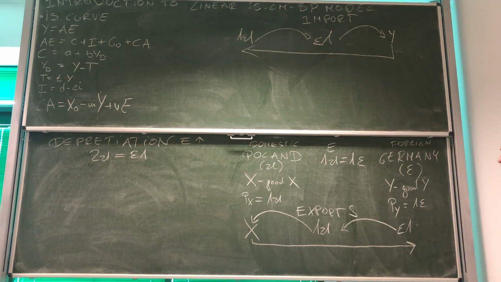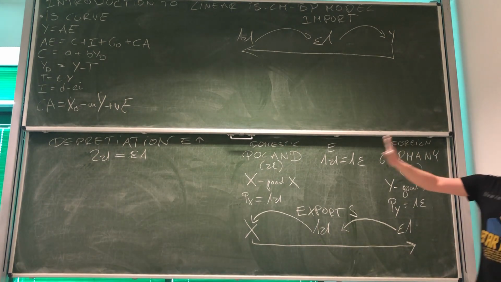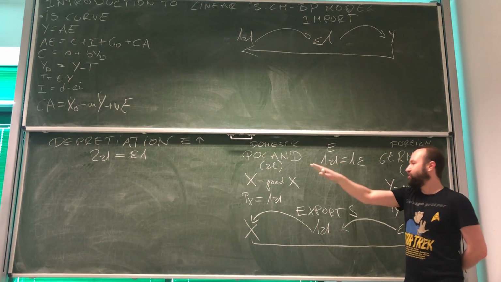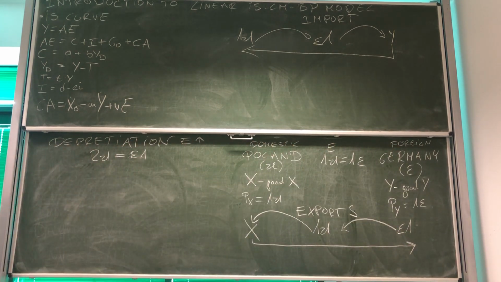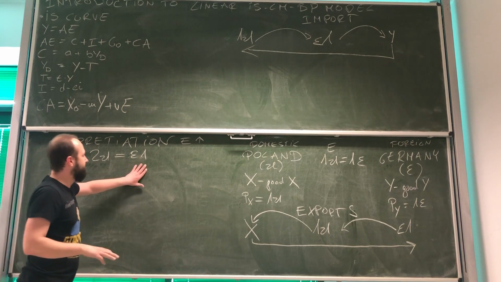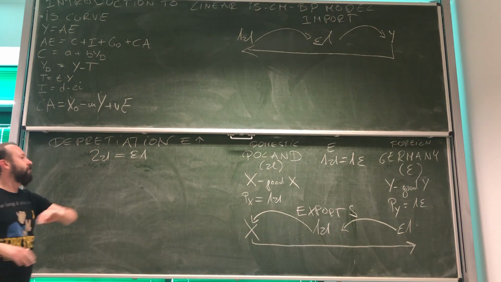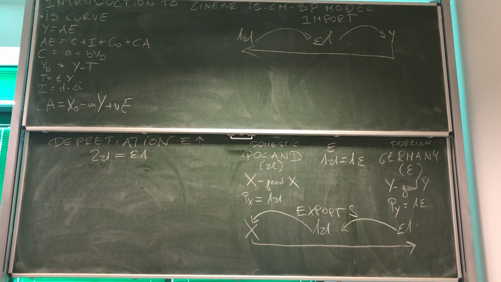This is depreciation, because now the Polish zloty is worth less, right? Now we need to pay twice as much for 1 unit of foreign currency, which is okay.